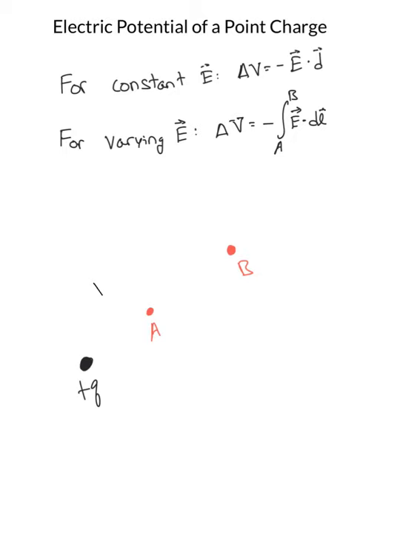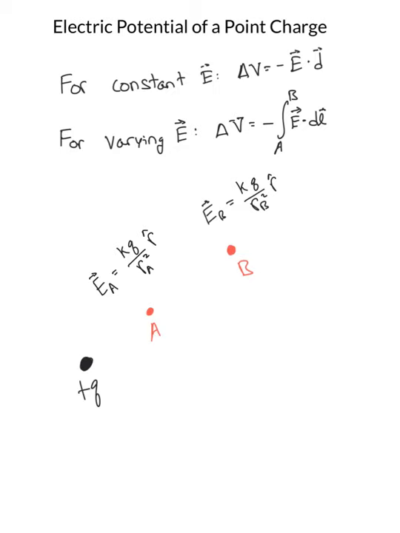At A we have some electric field E sub A, which looks like KQ over R sub A squared R hat. R hat indicates that it points radially outward. At point B we have a different value, KQ over R sub B squared, and again R hat points radially away from the charge.